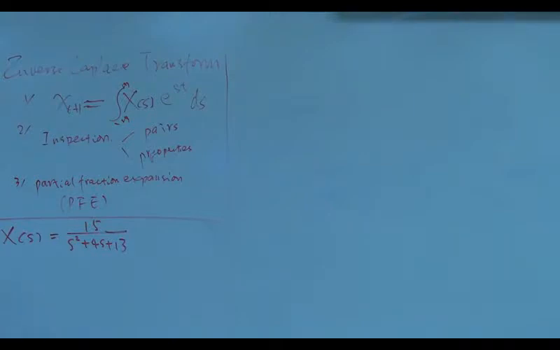So what we do is, we said we use inspection, so we need to be familiar with the pairs and also the properties. So look at this. What does this remind you? What signal given the Laplace transform looks like this form? On the top there's a constant, on the bottom there's an s squared or something. So what kind of signal is this? Possibly.